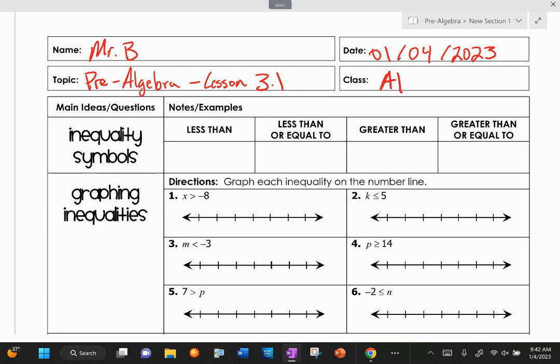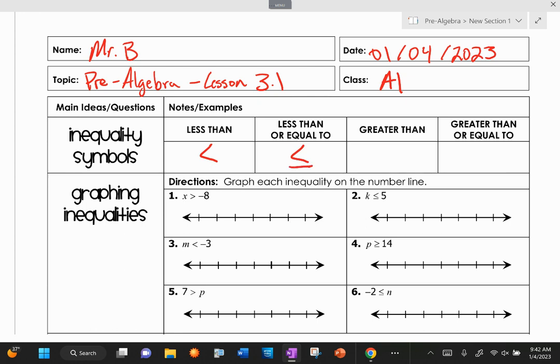Okay, so less than sign. What's the less than sign look like? A line. Yes, two lines actually. The less than sign has the point going to the left, because you're going to read stuff left to right. So the less than or equal to is going to add what?